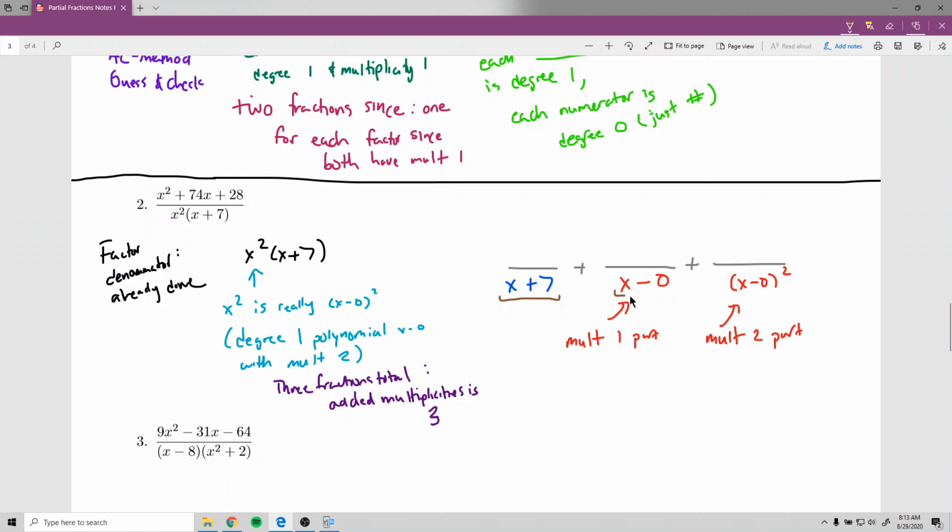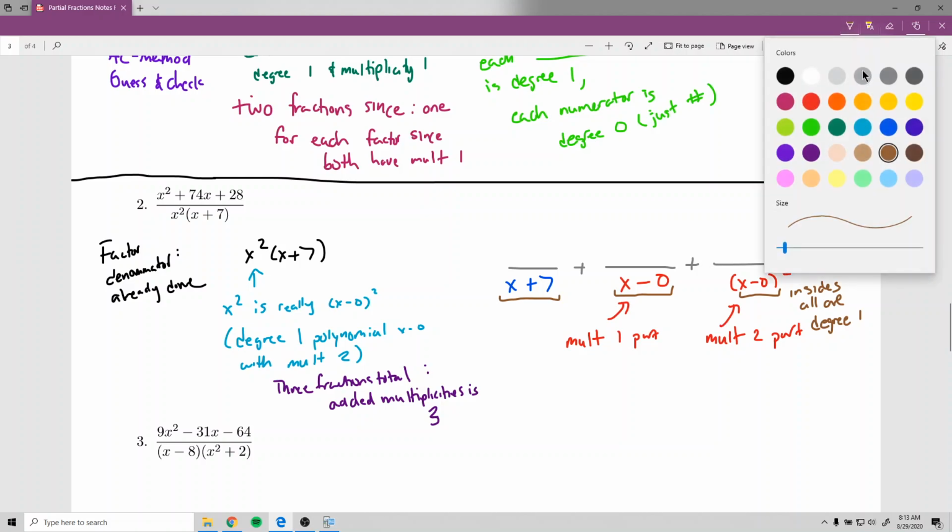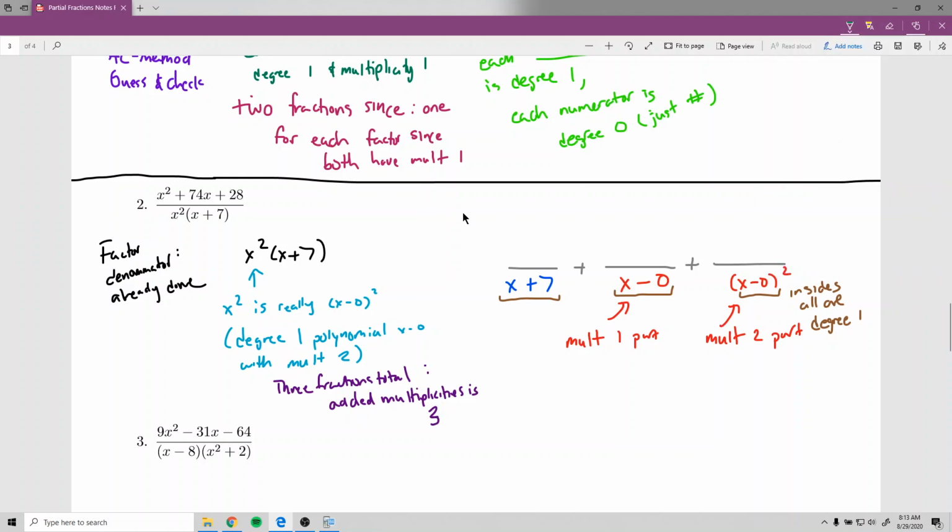X plus 7, x minus 0, and x minus 0, the insides all are degree 1, which means the numerators are all degree 0 again. All right, so I'm going to give them 3 letters here. I'm going to call them A, B, and C.